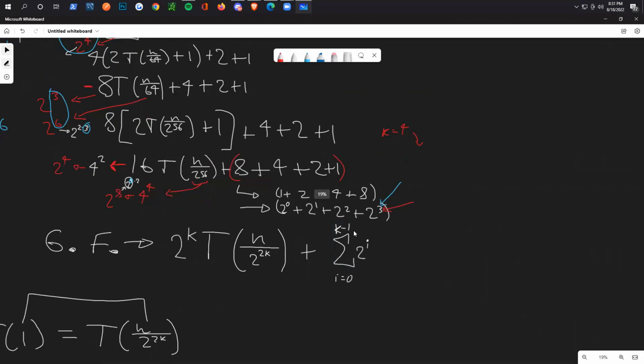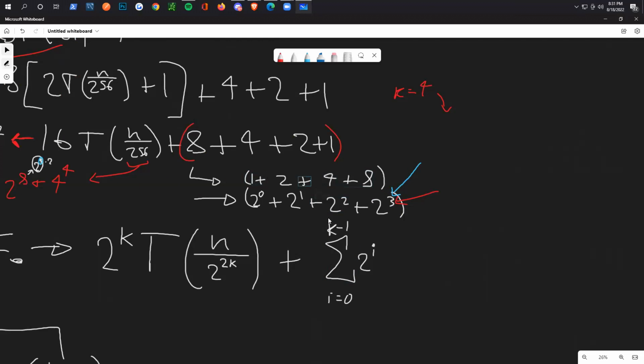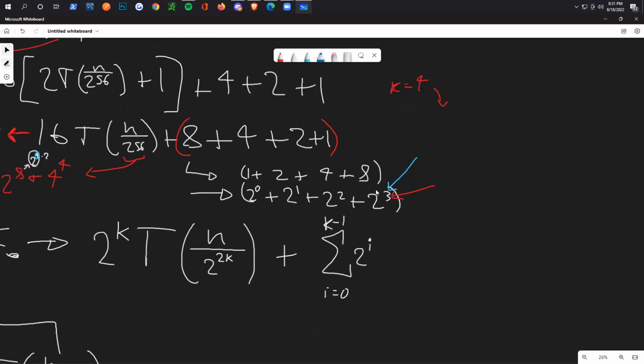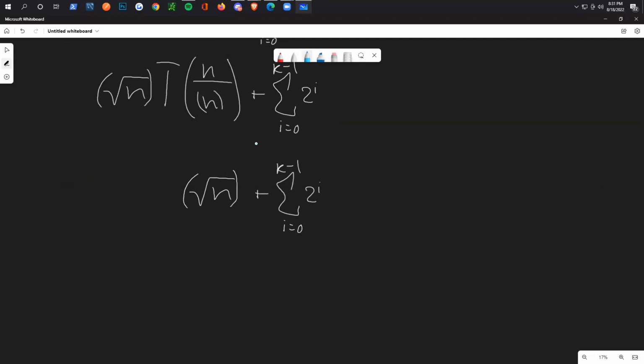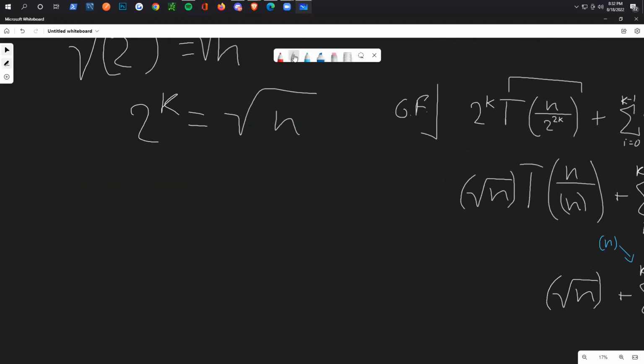Whenever you have a power of 2 and you're going up until k minus 1, I know that the whole goal is to try to remove k. So typically what you end up doing is plugging in n right here, or whatever you end up getting equal to k. But if we set this equal to k, we're going to have something horrible like this, and we don't want to deal with this.